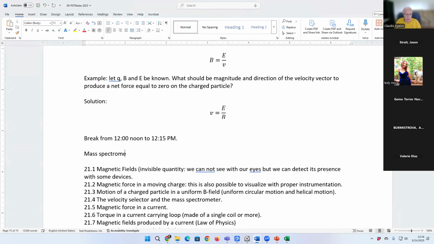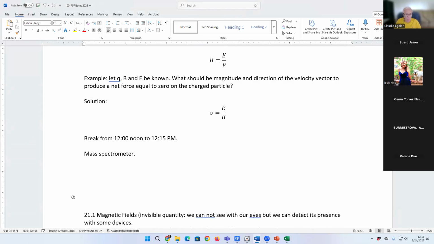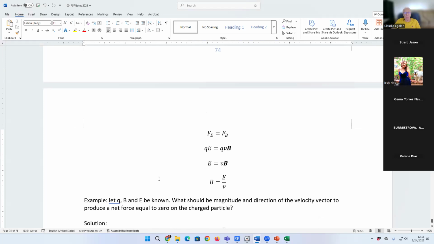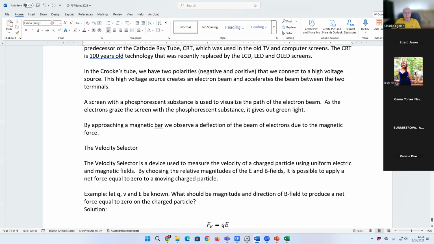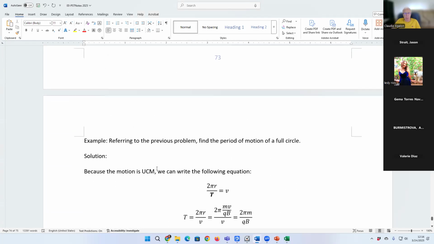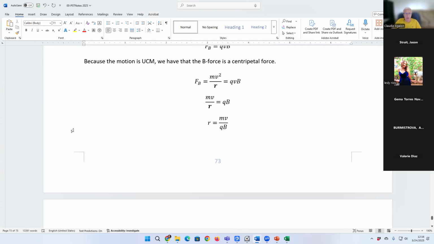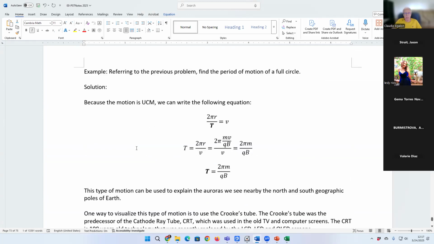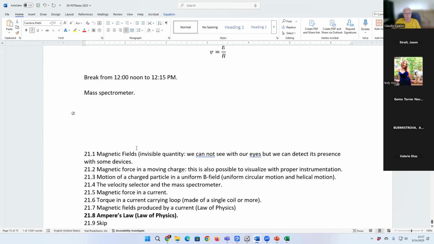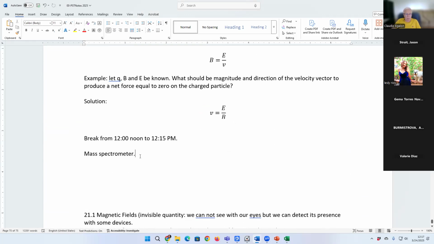We already know how the mass spectrometer behaves just by looking at the result that we got before when we were calculating the radius of the circular path of the charged particle, right? Right in here, okay?